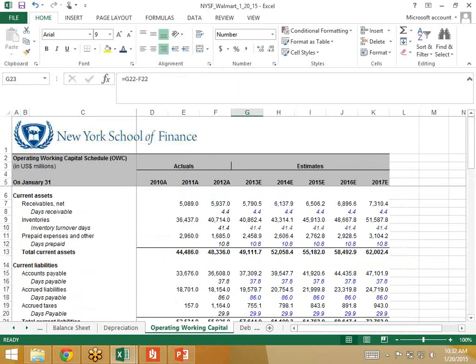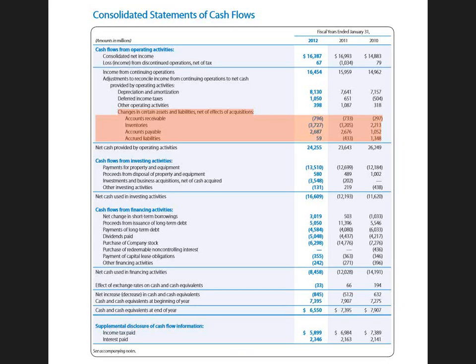We identified that by going to the balance sheet, by looking at the current assets, not including cash and extraordinary items, and current liabilities, not including debt and extraordinary items. But in the cash flow statement, they only have 4 line items within that section.